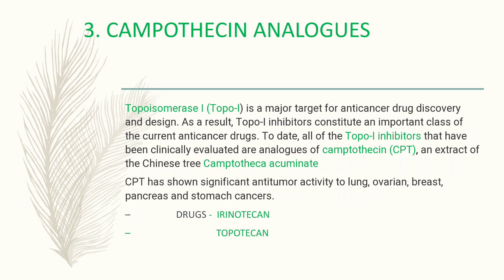Camptothecin has shown significant anti-tumor activity against lung cancer, ovarian cancer, breast cancer, pancreatic cancer, and stomach cancers. The drugs which come under this group are irinotecan and topotecan. Here, tecan is the word that comes at the end of the drug names.